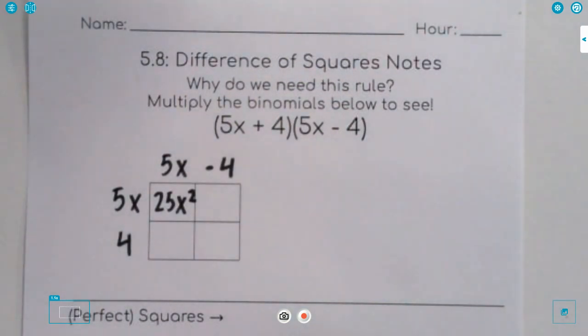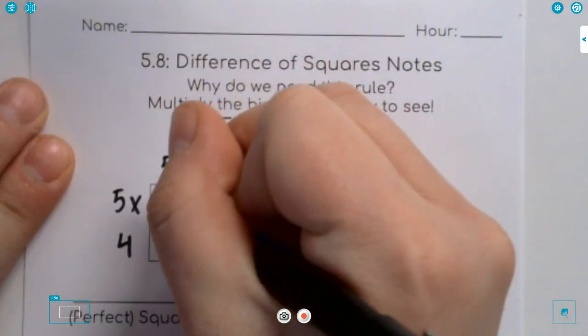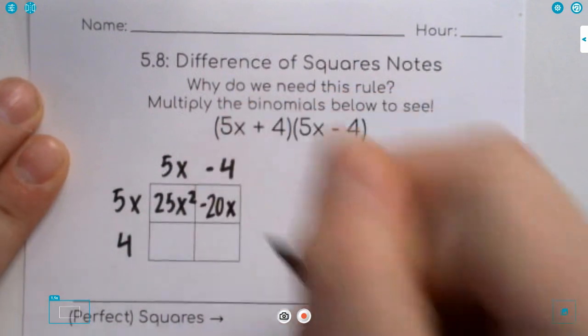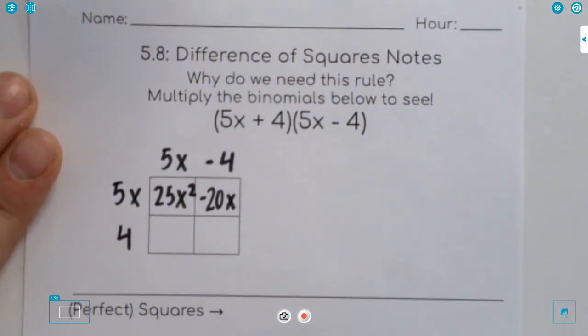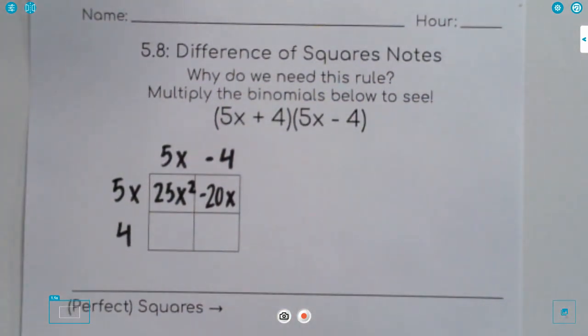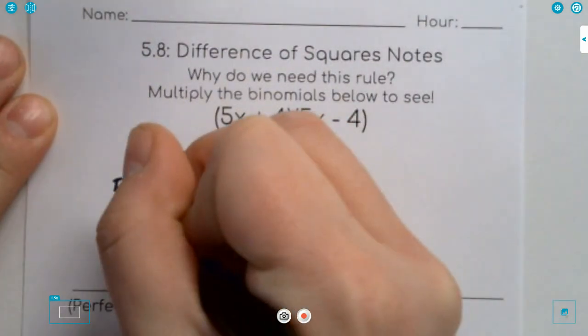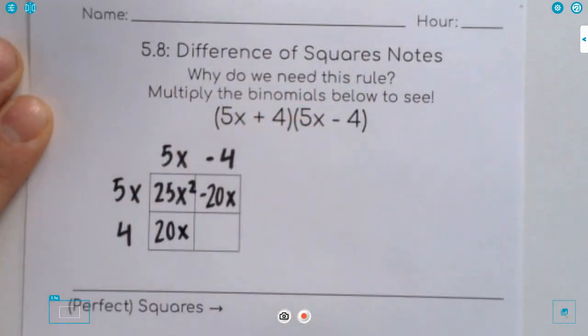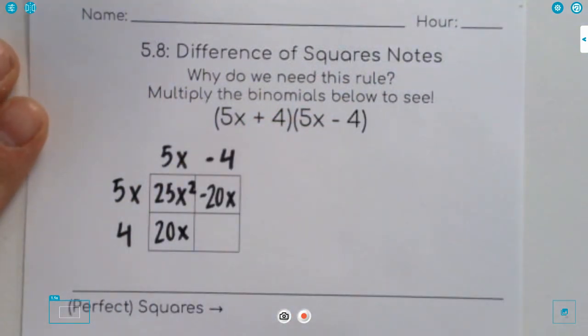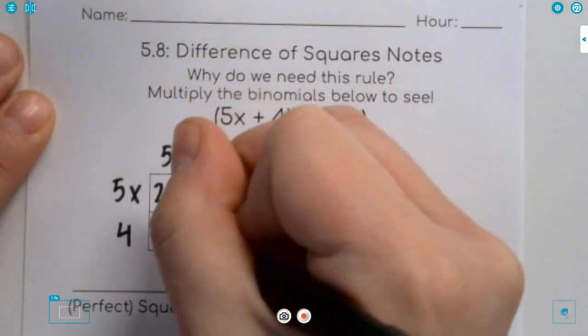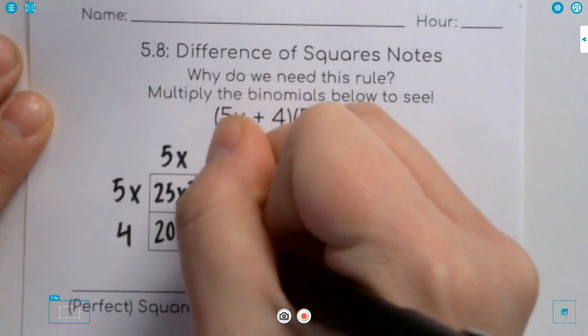Top right corner, 5x times negative 4 is negative 20x. I misspoke, I put another extra x on there. Bottom left-hand corner, 4 times 5x is 20x. And then bottom right-hand corner, 4 times negative 4 is negative 16.